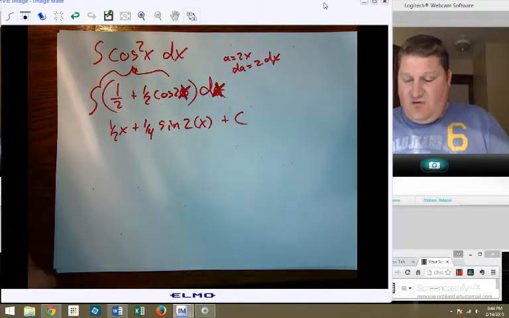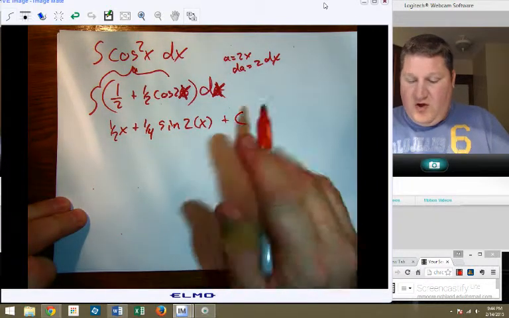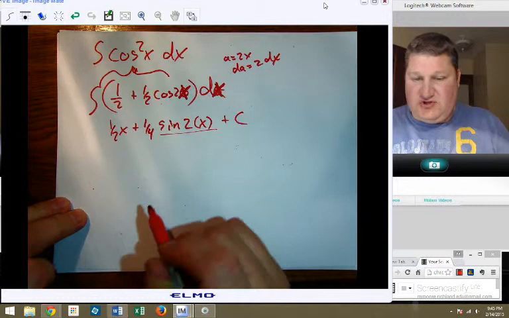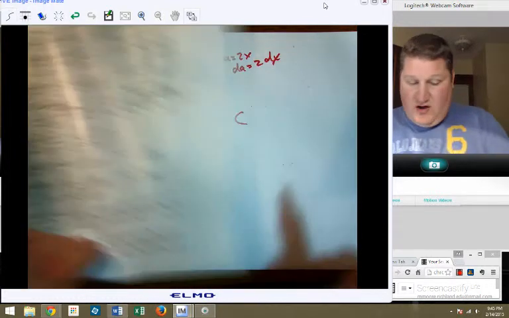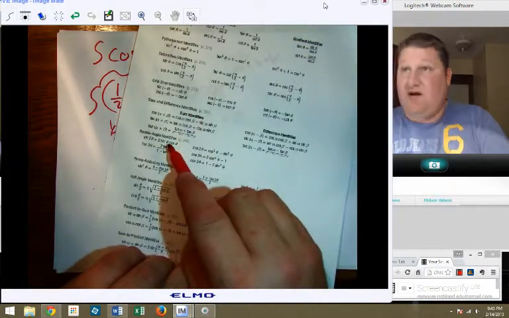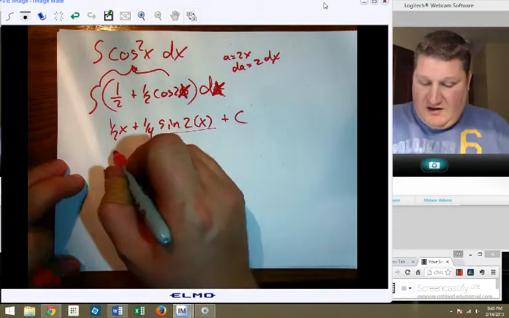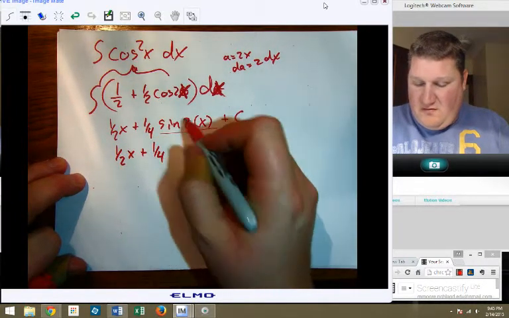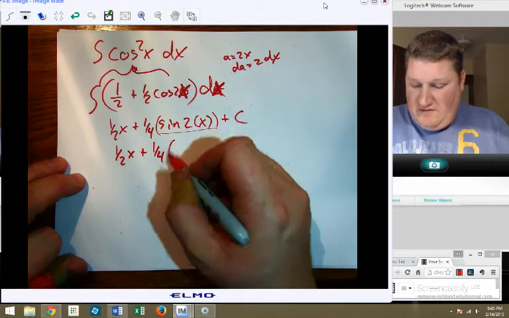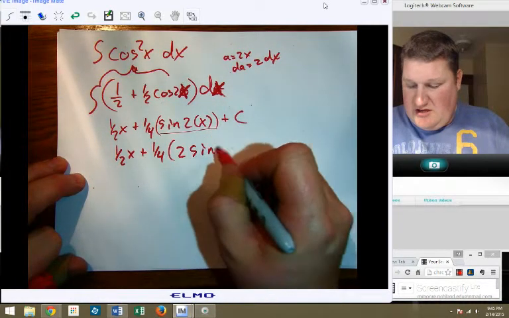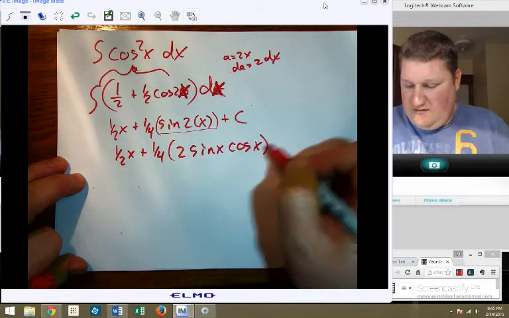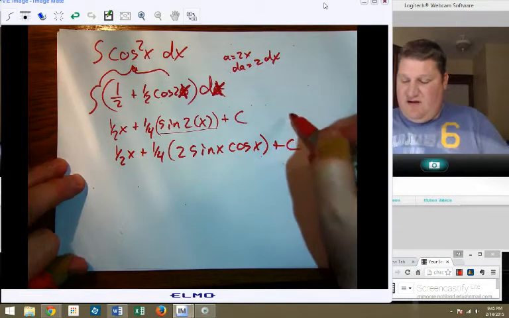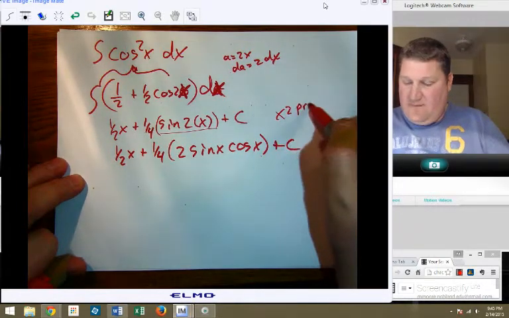Now, we of course could leave it here, or we could replace the sine 2x with its double angle property, which is right here, to get back to the regular x's. So 1/2 x plus 1/4, this is replaced by 2 sine x cosine x, plus c. That is a double angle property.